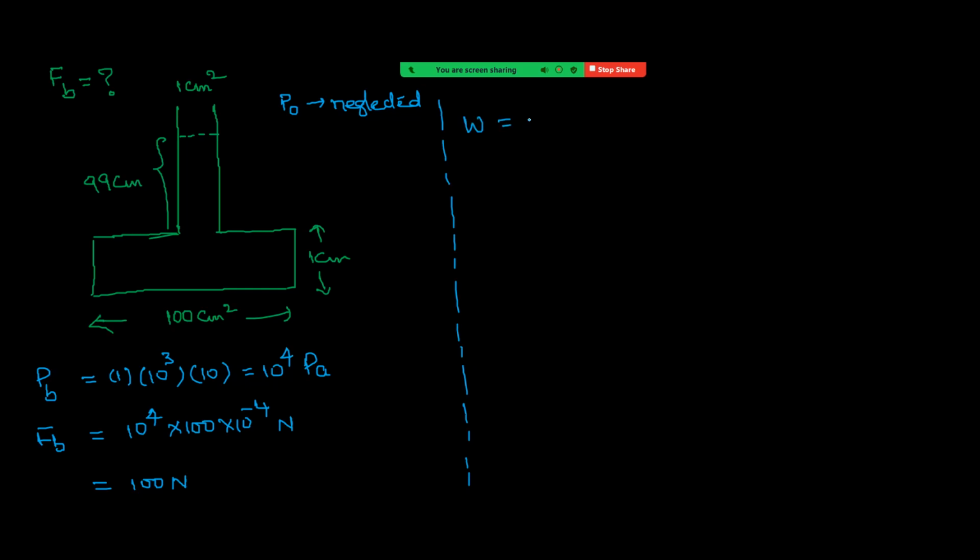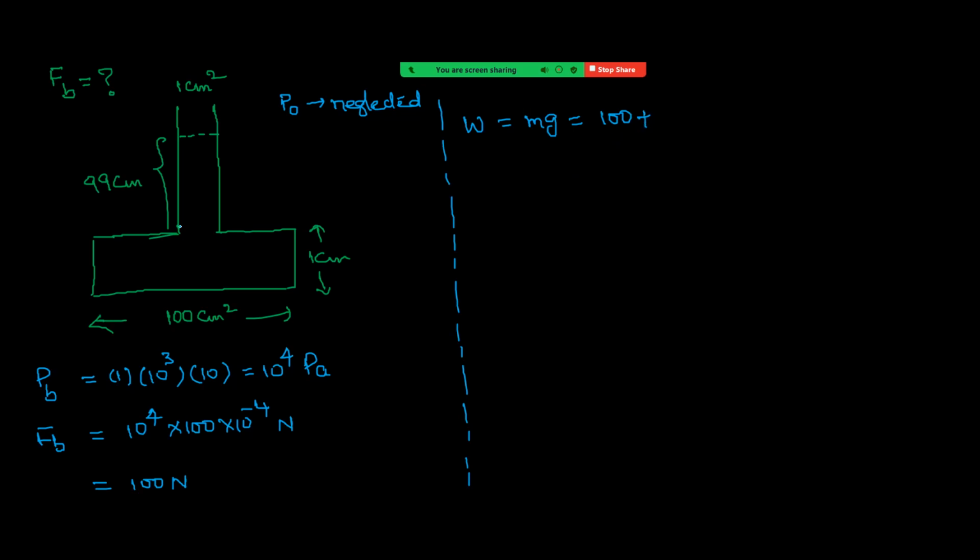Weight W equal to mg. Coming to mass, we have to focus first of all on the volume of the liquid. Focus now on this part of the volume. Height equal to 1, area is 100. So volume is now 1 into 100 cc.